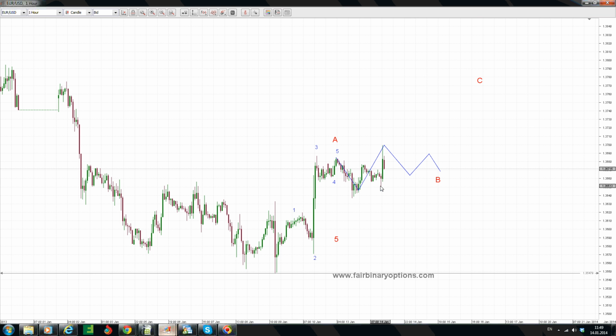But nevertheless, we are looking for a 3-wave move, either in the form of a contracting triangle here, or in the form of this flat with a C-wave failure, but not weakness to the downside. What I'm trying to say is that 61.8, this level here, should not be broken, and basically after correcting here, price should move again to the upside.